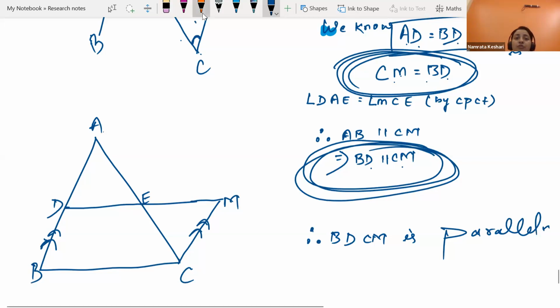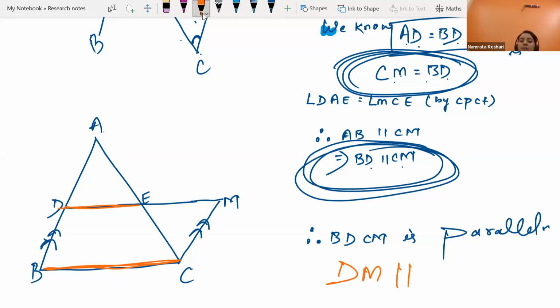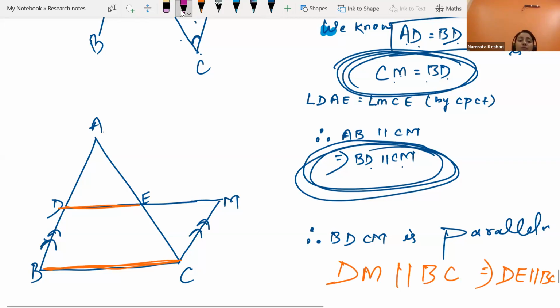What we wanted to show is that DE is parallel to BC, and we are done. If it is a parallelogram, then DM must be parallel to BC, which implies that DE is also parallel to BC. Yes or no? Which one is a parallelogram? We proved that this is a parallelogram.